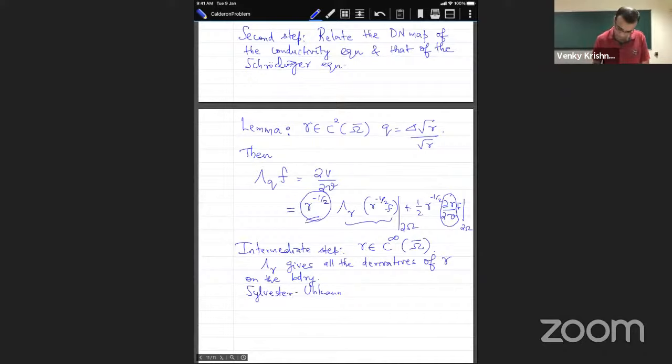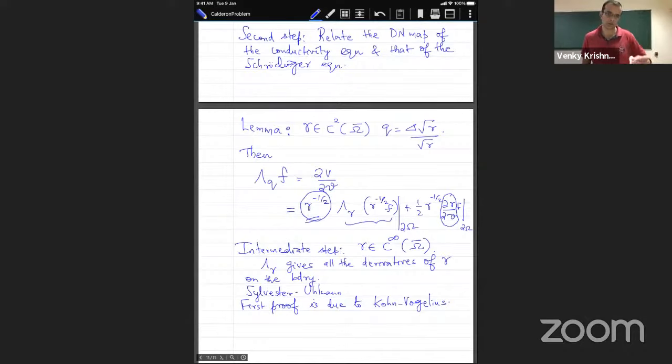But the original proof, the first proof in this direction, is due to Kohn and Vogelius. They use very clever elliptic estimates to show that the Dirichlet-to-Neumann map uniquely determines all the derivatives of gamma on the boundary, and as a consequence, for real analytic conductivities, you can determine the conductivity from the Dirichlet-to-Neumann map.